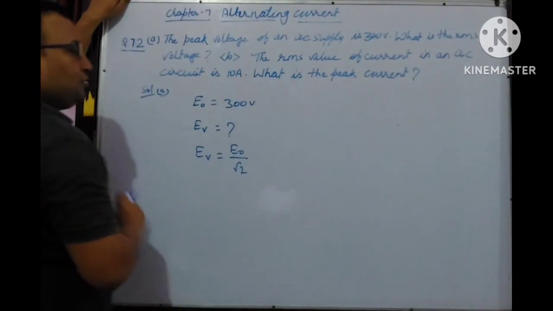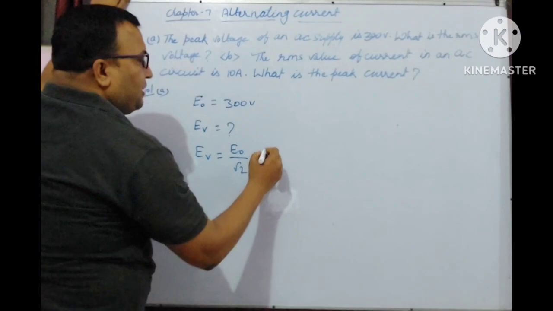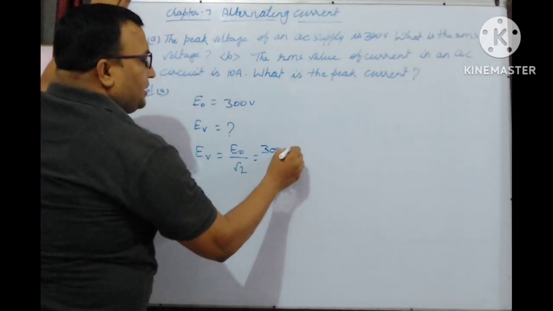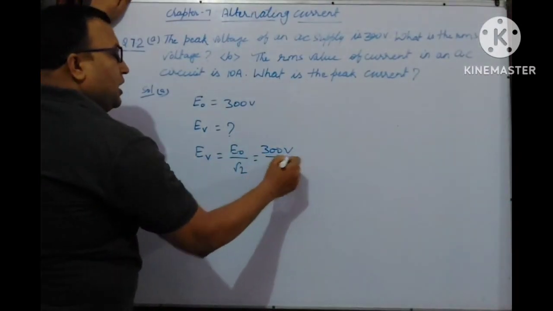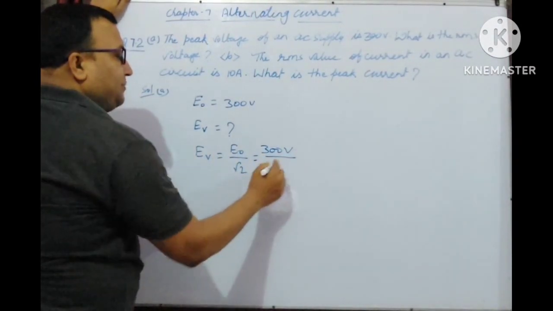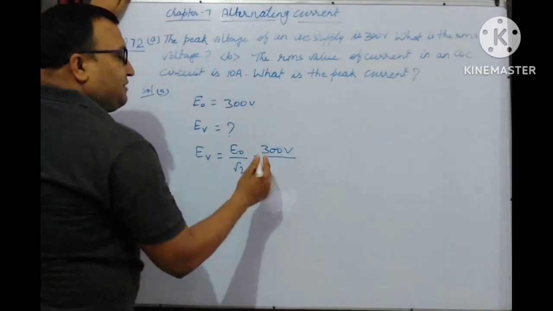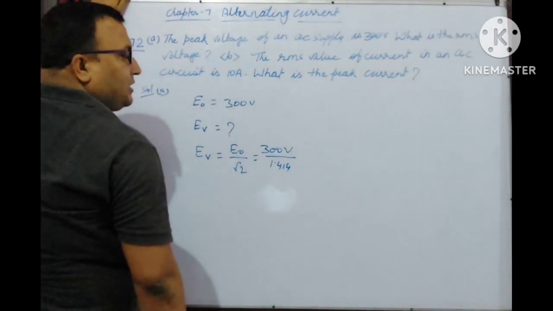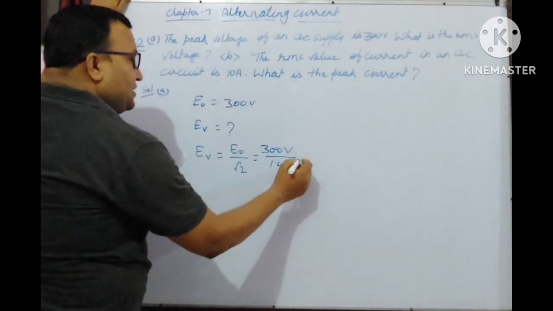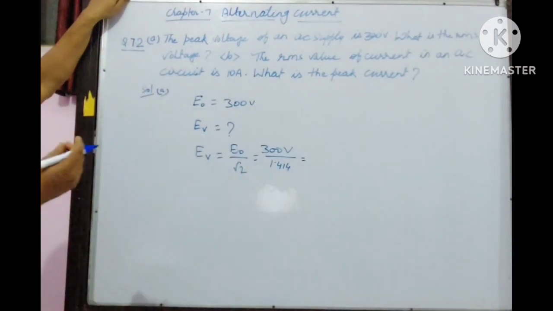What you have to do? You have to put the value 300 in place of E0. That is called peak value or maximum value. 300 voltage divided by root under 2 have the value 1.414. Right? You just go for the division and you will get a result.